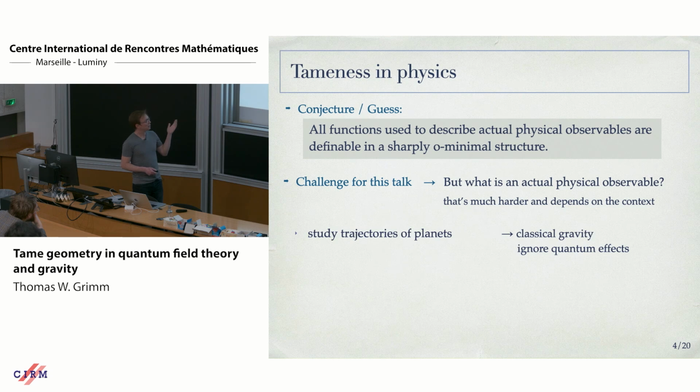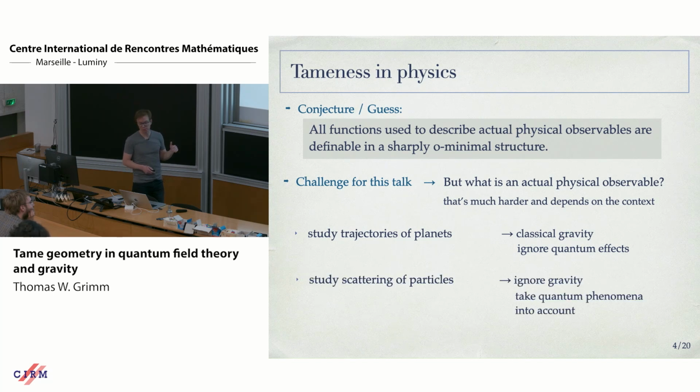Now you can think of simple situations like moving planets, and then you study the trajectory, and an observable would be the position of the planet depending on time. That would be something where you have classical gravity and you ignore quantum effects.